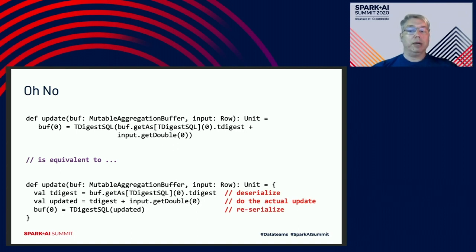And then lastly, it has to store our aggregator back on the aggregation buffer. And so it has to reserialize the structure. Now, this is happening, as you can see, every single row of the data. And you can also see that the necessity of doing all the serialization is baked right into the definition of the structure. It can't be fixed simply by tweaking some interior code. It's fundamental to the design of the mechanism itself.